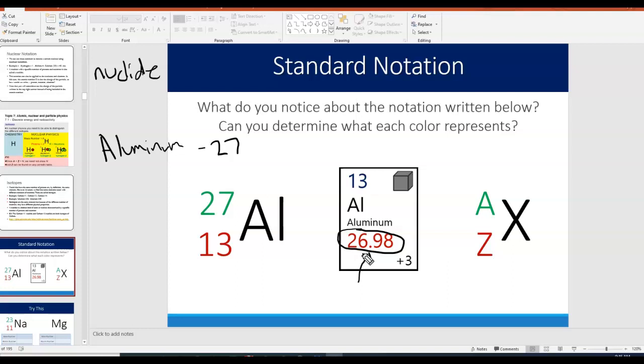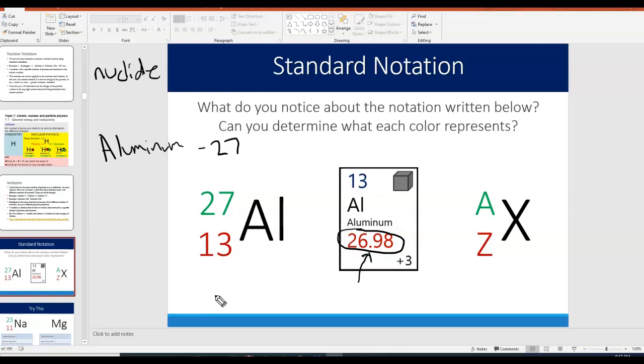The mass number, in the context I'm using it in IB physics, refers to the number of nucleons in that particular nucleus. So when I say the mass number of aluminum is 27, I'm not saying it has a mass of 27, I'm saying it has 27 particles inside its nucleus.